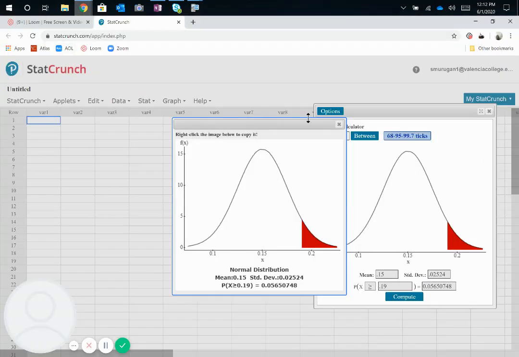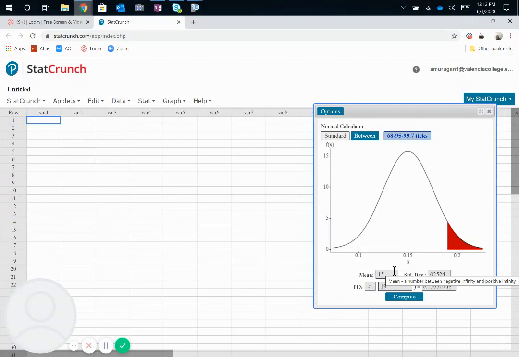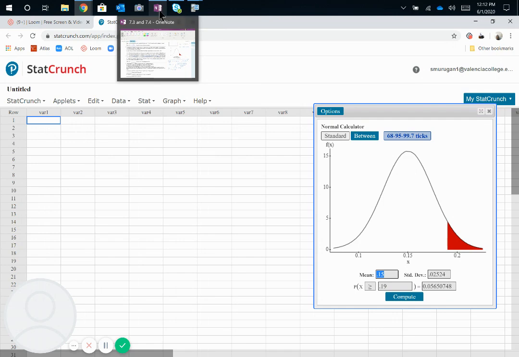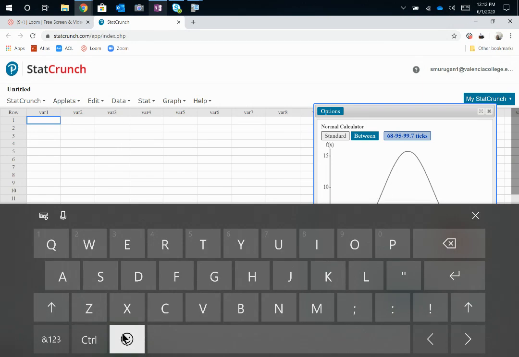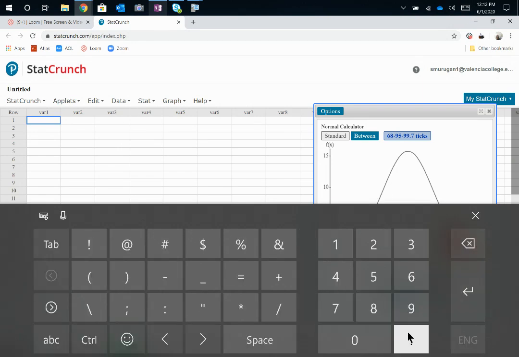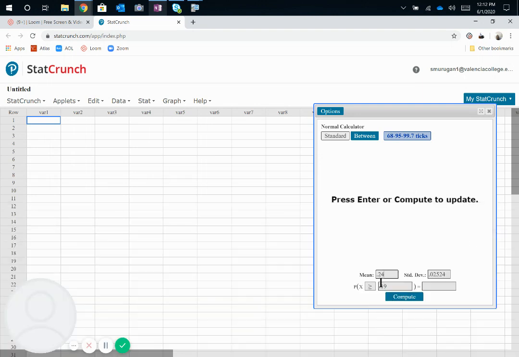So I go back to StatCrunch. Here I'm going to put in 0.24, so that's my mean.